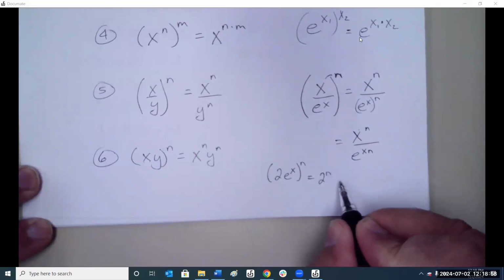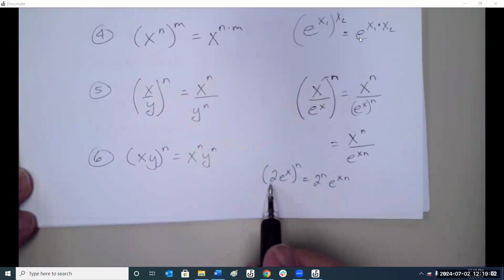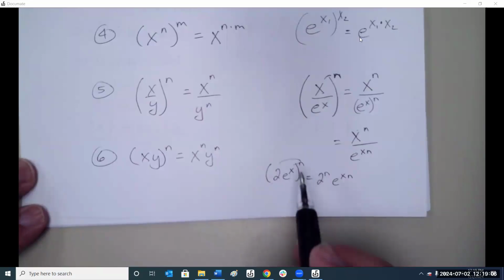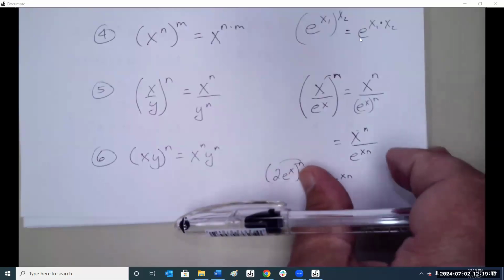Yes. Right. 2 to the power n. A lot of students forget that just because it's a constant, everything gets distributed. Right. That does it for that section. Pretty short and sweet. Let's look at the next section.